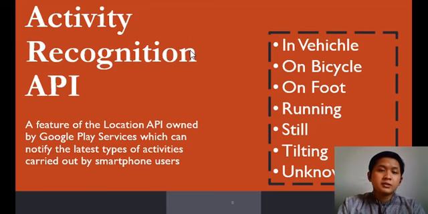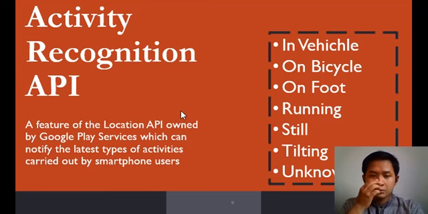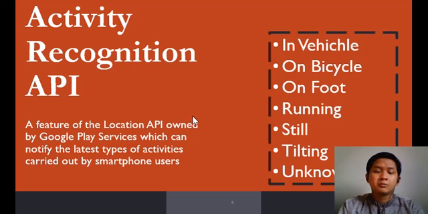The second technology that we use is activity recognition. Activity recognition is a feature of the location API owned by Google Play Services, which can notify the latest types of activities carried out by smartphone users.